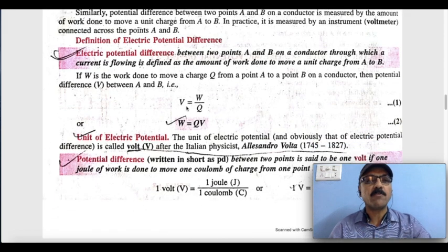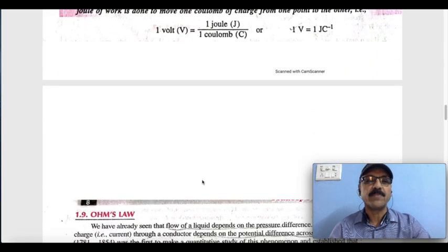Here V is the potential, W is the work done, Q is the charge. So V equals W by Q, or W equals QV. The unit of potential is volt, so 1 volt equals 1 joule by 1 coulomb.